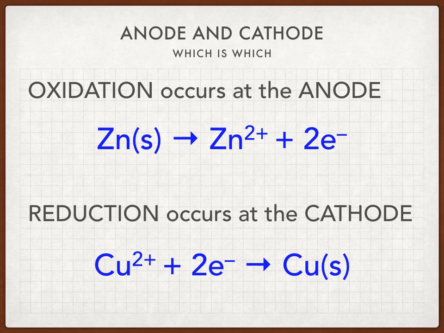We can double check by taking the oxidation states, and zinc begins at 0 and ends at +2, meaning it lost 2 electrons. Using the OIL of OIL RIG, which stands for oxidation is loss, this checks out. Copper begins at +2 and ends at 0, meaning it gained 2 electrons. Using the RIG of OIL RIG, meaning reduction is gain, this also checks out.